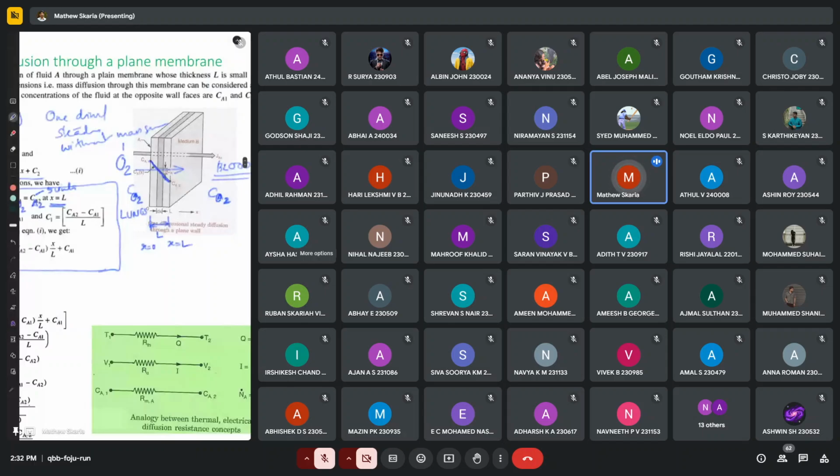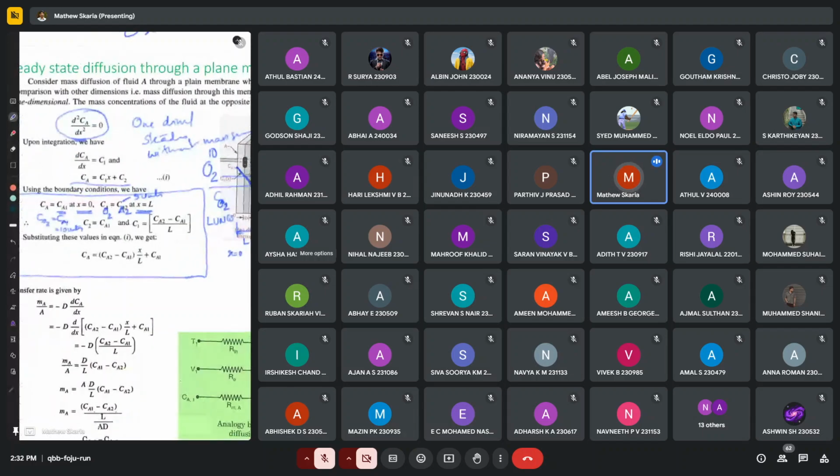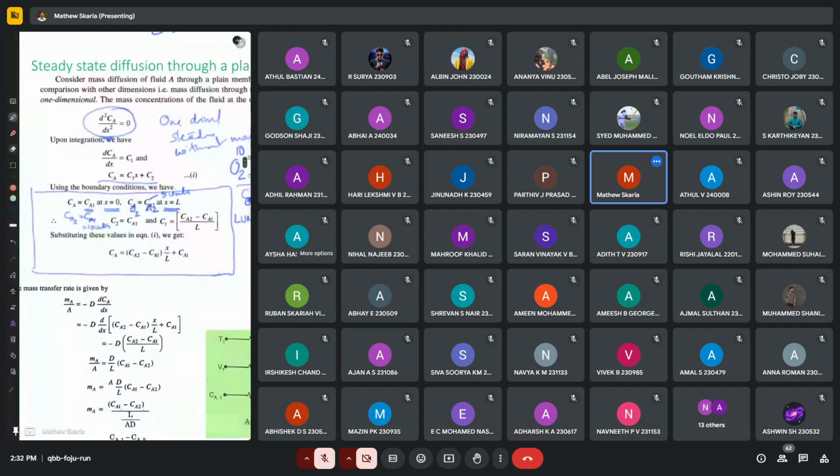ലെഫ്റ്റ് സൈഡിൽ 10 യൂണിറ്റ്സും റൈറ്റ് സൈഡിൽ 5 യൂണിറ്റ്സും ആണ്. അപ്പോൾ ഒരു കോൺസെൻട്രേഷൻ ഗ്രേഡിയന്റ് അവിടെ ഉണ്ട്. ആ കോൺസെൻട്രേഷൻ ഗ്രേഡിയന്റാണ് ഇവിടെ ഈ ഒരു ഫ്ലോ നടക്കുക, മാസിന്റെ ഫ്ലോ നടക്കുക. അതാണ് ഈ ഒരു ബൗണ്ടറി കണ്ടീഷൻ കൊണ്ടിട്ട് ഇവിടെ ഉദ്ദേശിക്കുന്നത്. That is at x is equal to 0, left side Ca, concentration of oxygen, is equal to Ca1, that is 10 units.